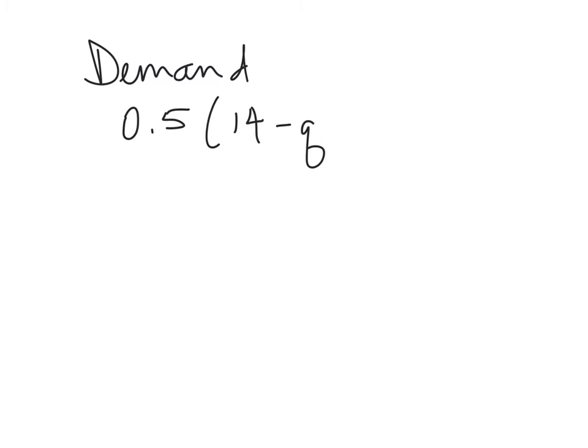And realize that if there were no permits traded, Firm 2 is going to have to clean up 14 tons of pollution. But every permit it buys, remember that's Q, Q is the number of permits, it's going to have to clean up one less unit of pollution.